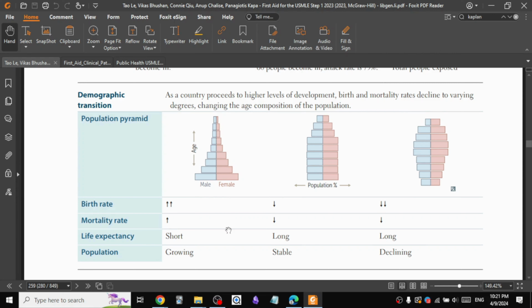Life expectancy short. Population is growing. So in this case, you have a growing population, but they're all dying. The best example of this, I'm not going to give you any country, but I'm going to compare it to the life cycle of an animal. Let's say it's a rat.